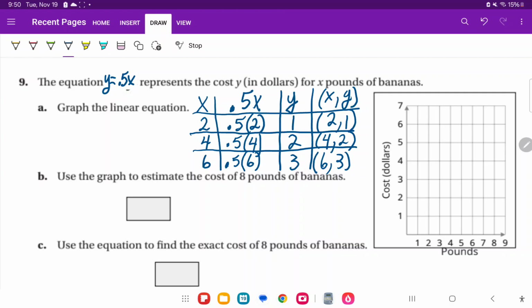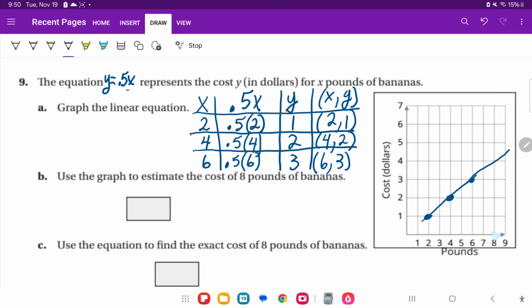All right, so if we graph that, we got 2, 1 right there. And then we go over 4 and up 2 like that. And then the last one is we go over to 6 and up to 3. So we want to be really straight on this when we draw that, okay?